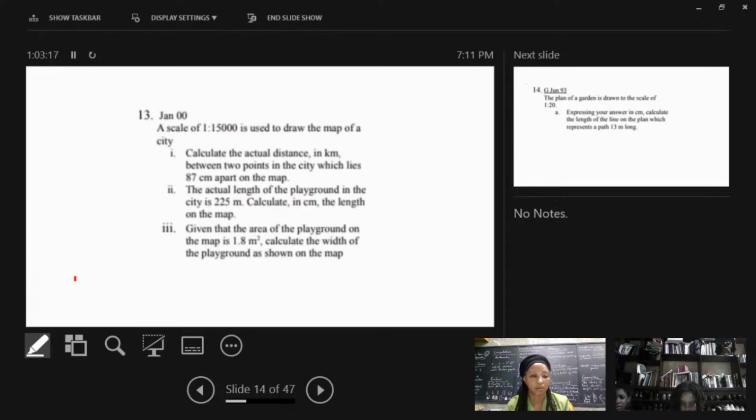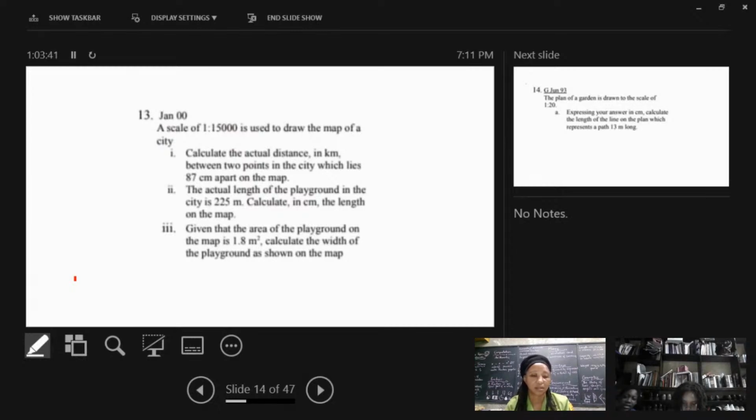Number 13. A scale of 1 to 15,000 is used to draw the map of a city. Calculate the actual distance in kilometers between 2 points in the city, which lies 87 centimeters apart on the map. II.